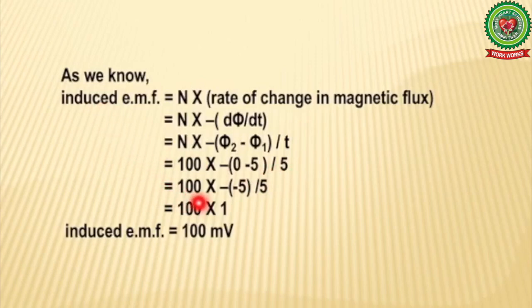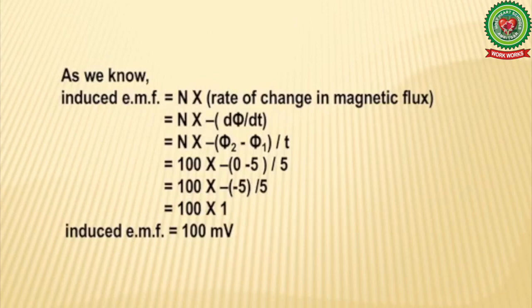Induced EMF is equal to 100 into minus of minus 5 upon 5. 5 upon 5 is 1 and minus of minus is plus. So induced EMF is equal to 100 into 1, which is 100 millivolt. Here induced EMF is in millivolts because the magnetic flux is in milliweber. We have not converted magnetic flux in SI units, so induced EMF also comes out to be 100 millivolt.